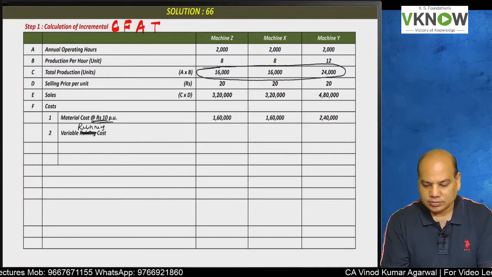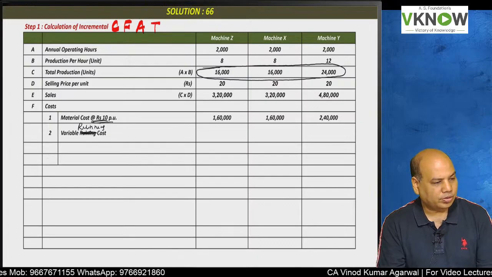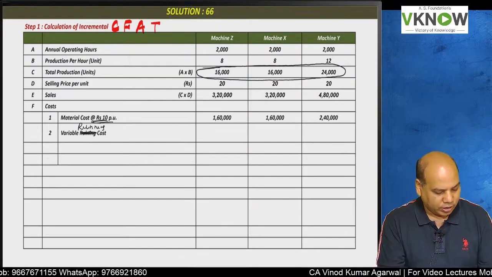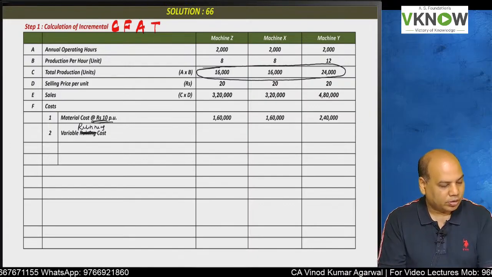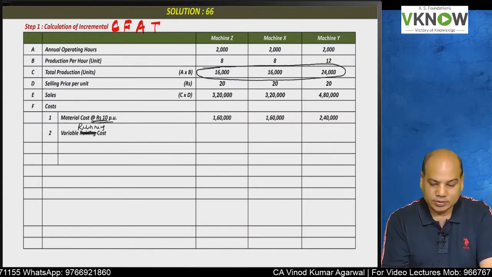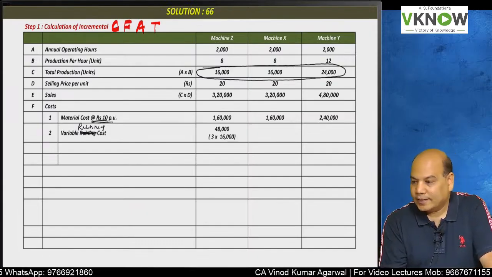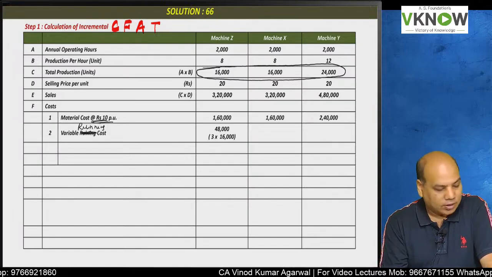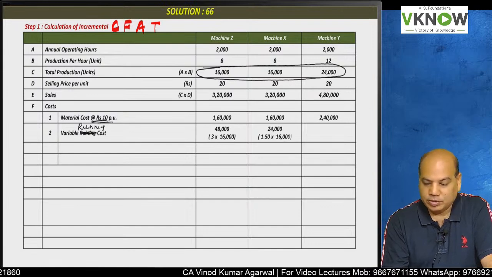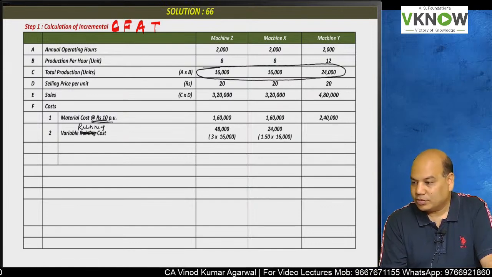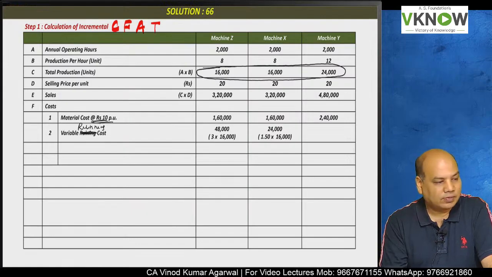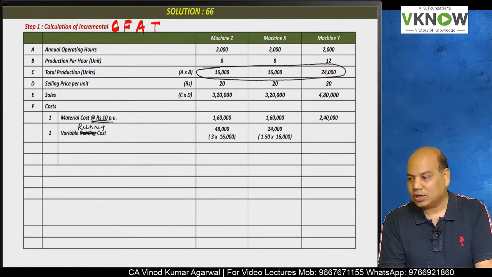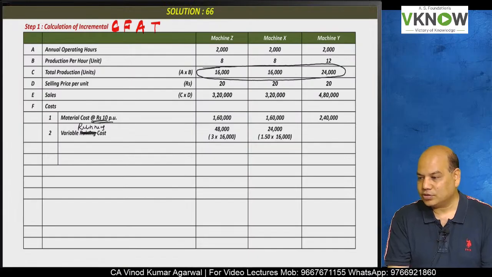Variable running cost, how do you compute it? It is given per unit, 3 rupees per unit. So for machine Z, it will be 48,000, 3 into 16,000. For machine X, it is given 1.50, 1.50 into 16,000, in bracket, answer 24,000.